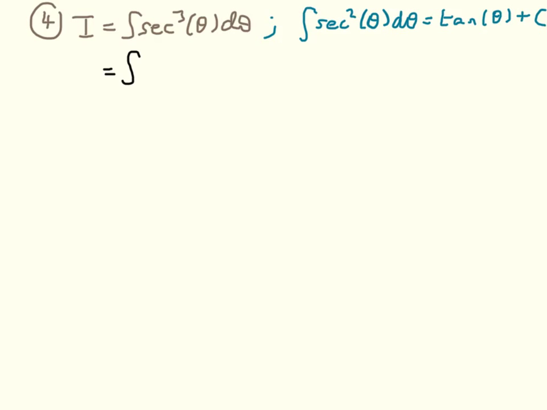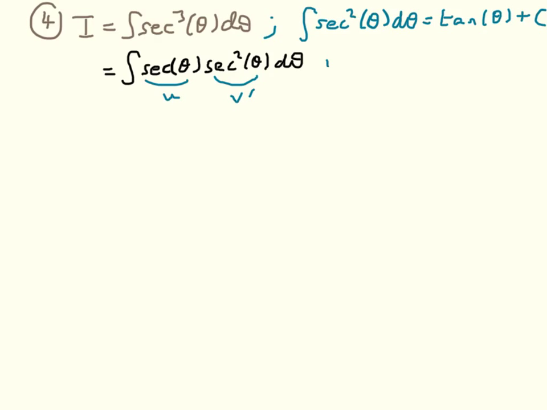So that means that in our integral here, we can divide up the integrand and say that our integral is sec theta times sec squared theta. Now we have been able to divide our integrand into two factors, one of which is easy to integrate. So this factor here we are going to call v prime, and this factor here we are going to call u.